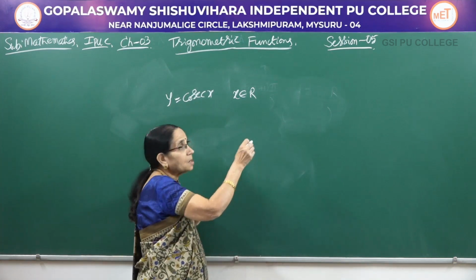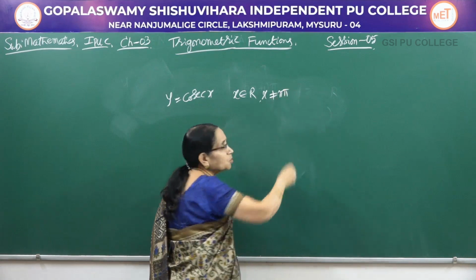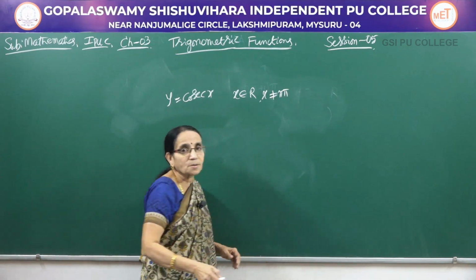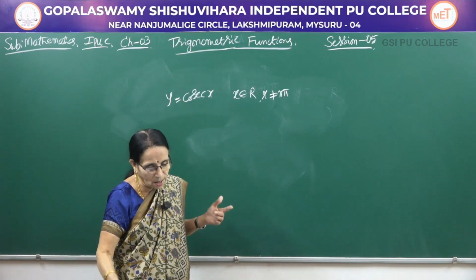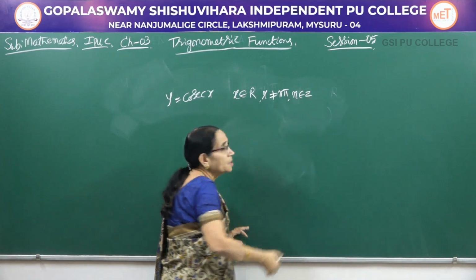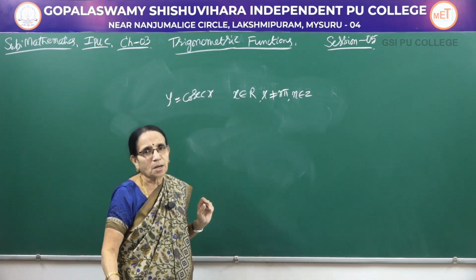That means it cannot take the value n pi. So 1 pi, 2 pi, 3 pi like that. So x is not equal to n pi, where n is an integer. Now this is the domain of the function y is equal to cosecant x.